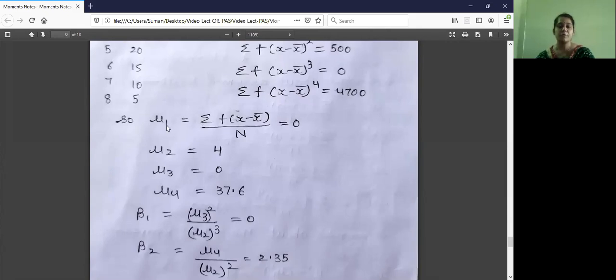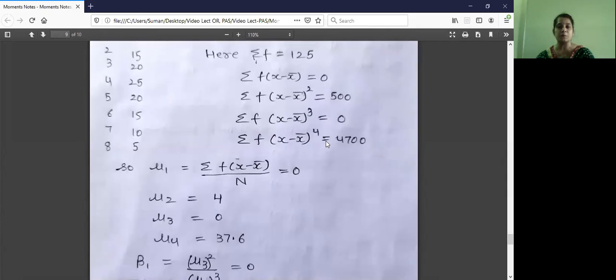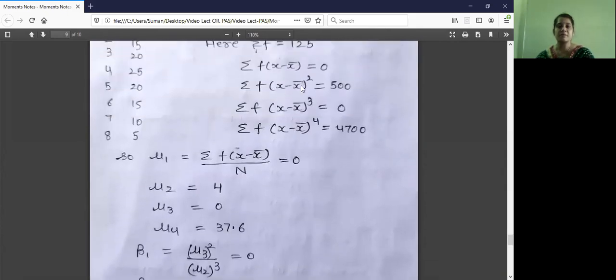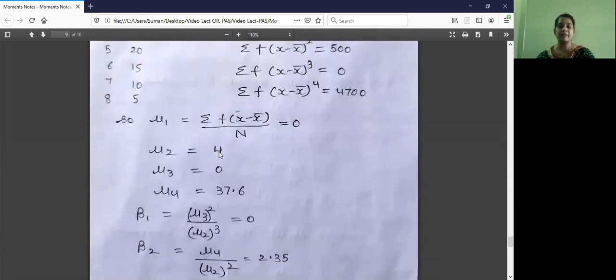So, the first moment about the actual mean, mu 1, is summation f(x minus x bar) divided by capital N, which is 0 because the numerator is 0. The second moment mu 2 is summation f(x minus x bar) squared divided by capital N. Capital N is summation f, which is 125. So 500 divided by 125 is 4.